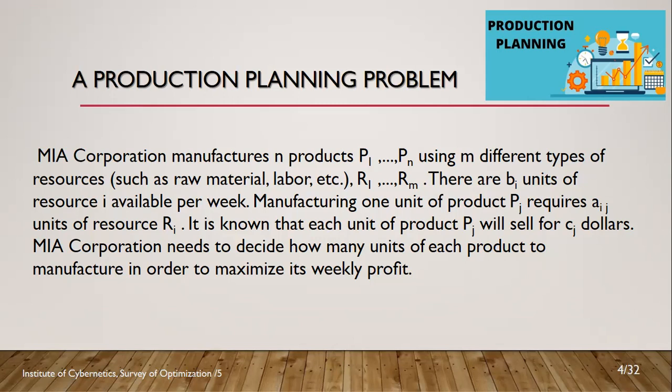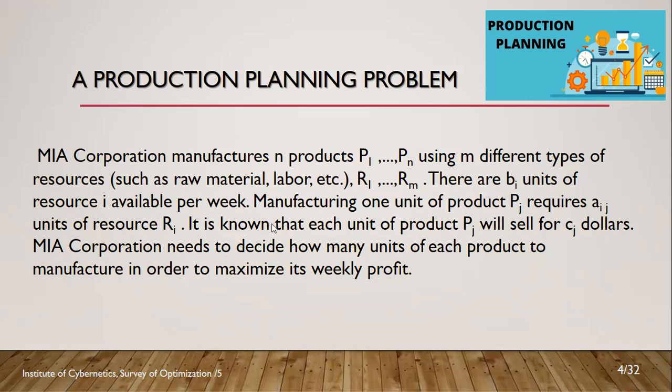In other words, we already purchased them before. This is what we call the sunk cost. We already paid for the resources and now we need to use them in the most efficient possible way. So the amount of resources available would be b sub i units for resource R sub i, for i between 1 and m.